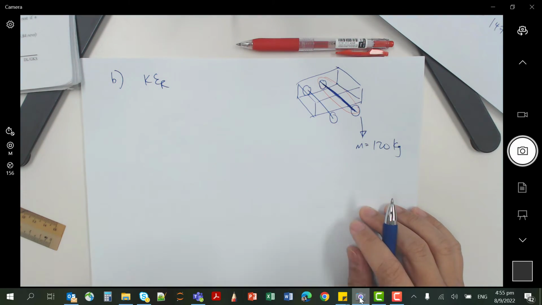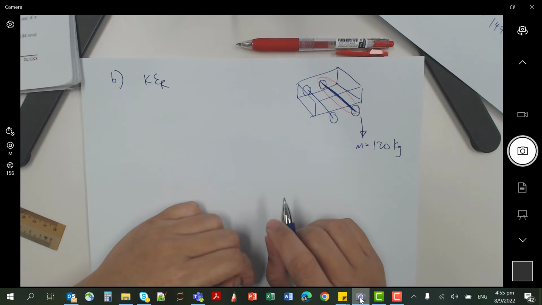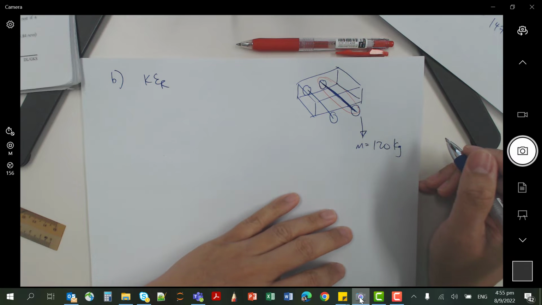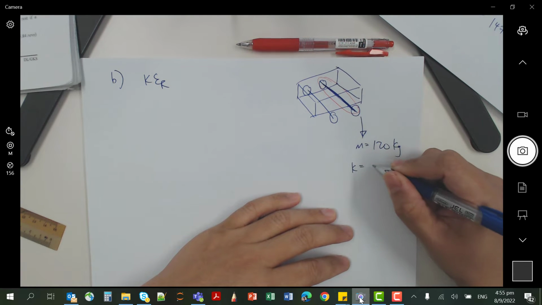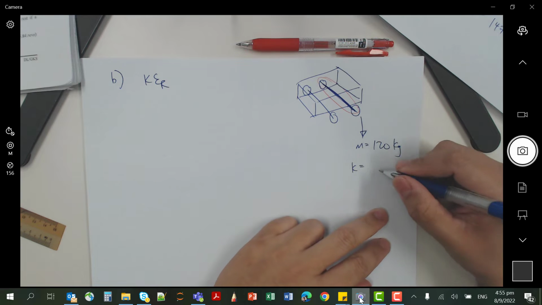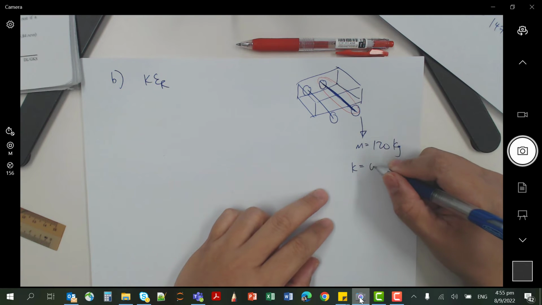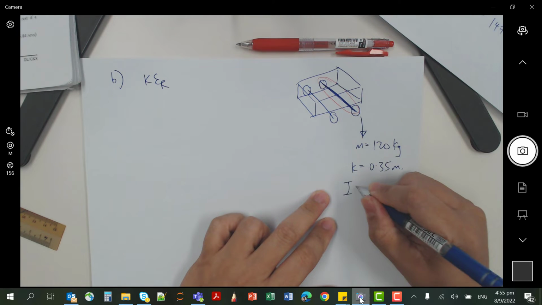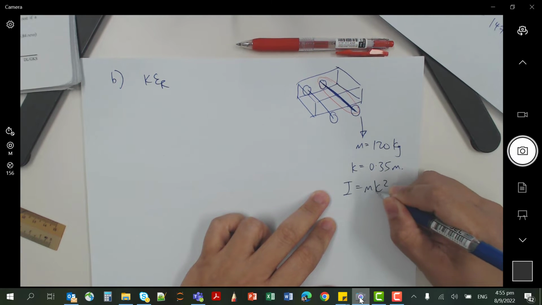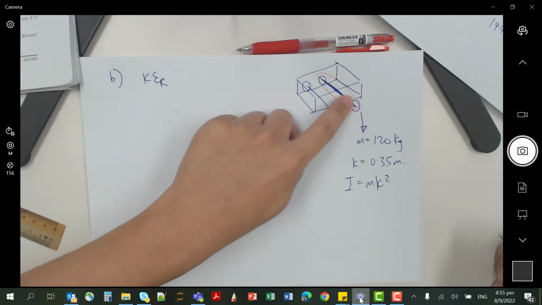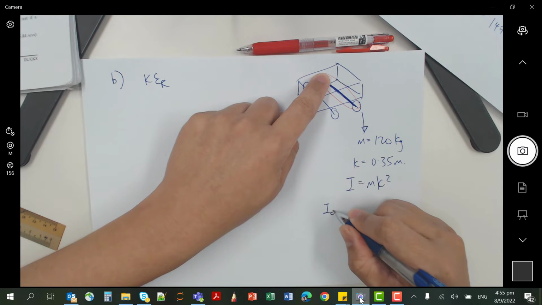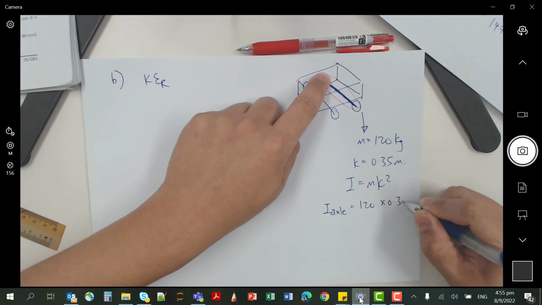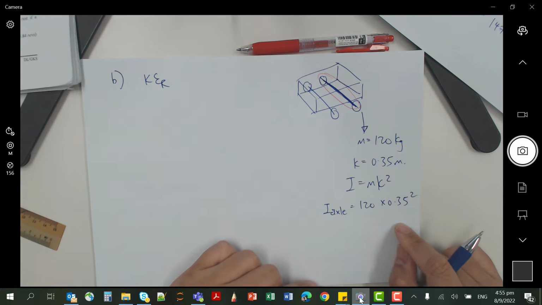And it has a radius of gyration, if you still remember radius of gyration, 350 mm. We have to use the SI unit, so it's 0.35 meters. You know that your I is mk squared, right? So I can find the I for each axle. I for one axle is mk squared.